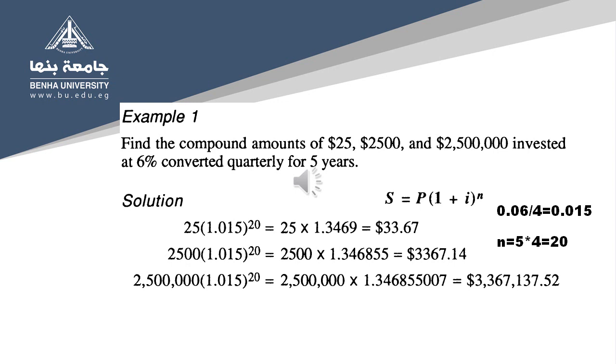We must go back to the compound interest formula, which you can find in your book on page 109. On page 109 you can find S equals P multiplied by 1 plus i to the power n.